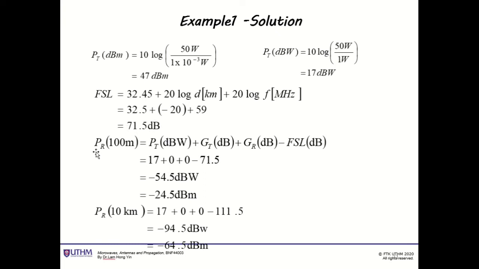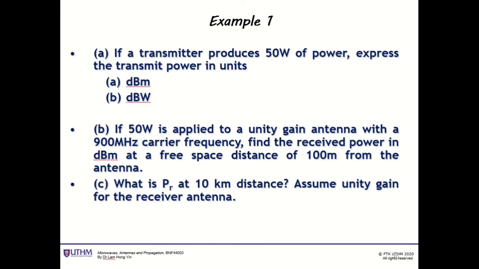So this equation is the free space loss or path loss or propagation loss. From here you can use the equation to get the power received. So the power received is PT plus GT plus GR minus the FSL or PL, FSL and PL are the same. So you get the value of the power received. So it's simple, you just use the equation. And then what is PR at 10 km distance? Assume unity gain for the receiver antenna.